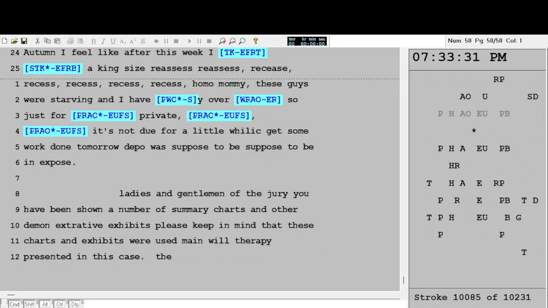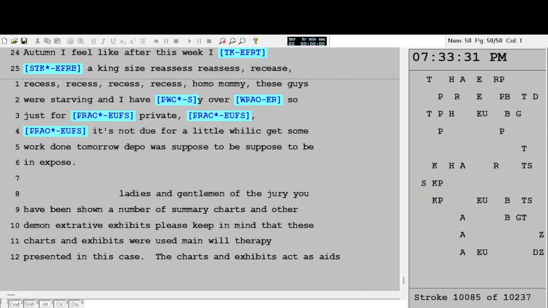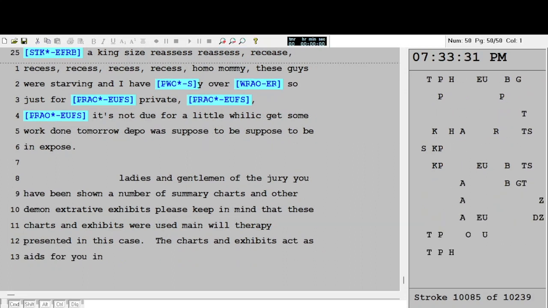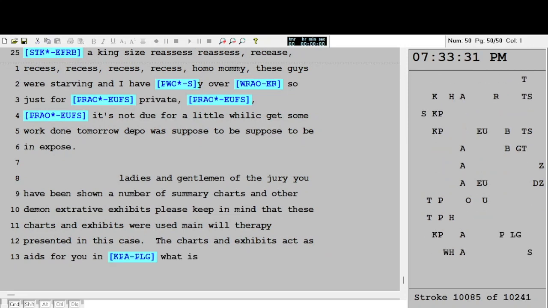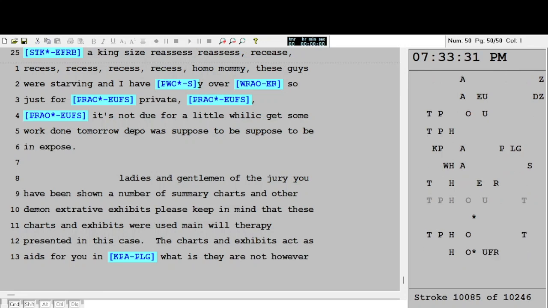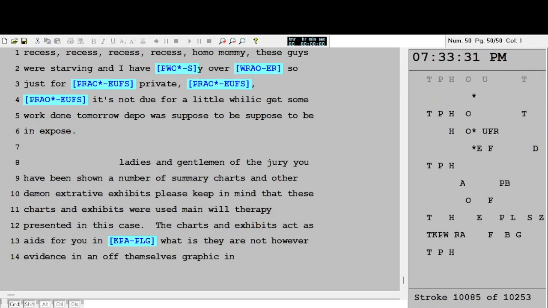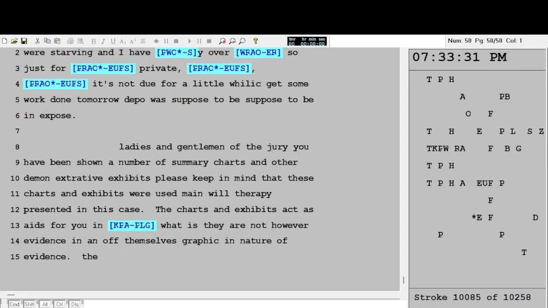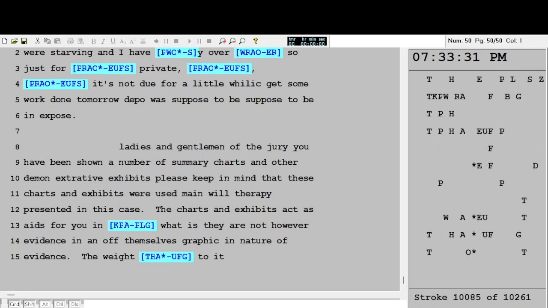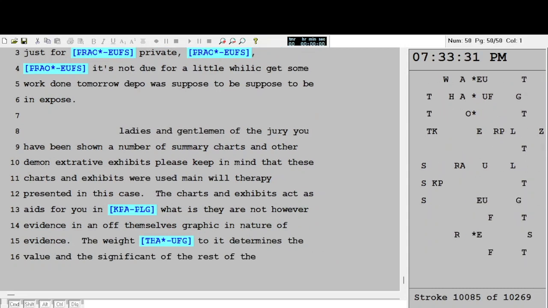The charts and exhibits act as aids for you in examining what is going on in the courtroom. They are not, however, evidence in and of themselves. They are demonstrations, sometimes graphic in nature, of evidence. The weight that you give to it determines the value and the significance of the rest of the exhibits.